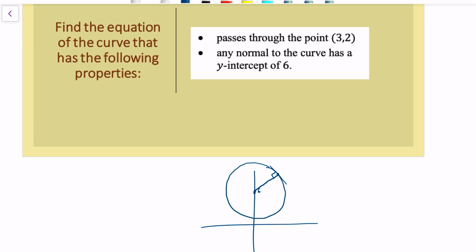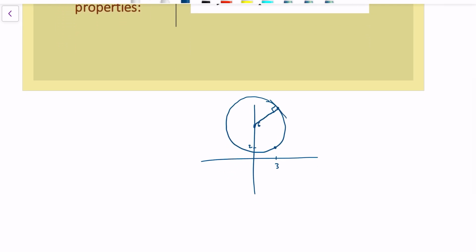We just need to make sure that we get the right radius for the circle because it has to go through the point 3, 2. So if I put 3, 2, and the circle has to have a general equation like this, with r squared because we don't know what the radius is, then we sub in the coordinate 3, 2: 3 squared plus 2 minus 6 all squared equals r squared, and we evaluate that.